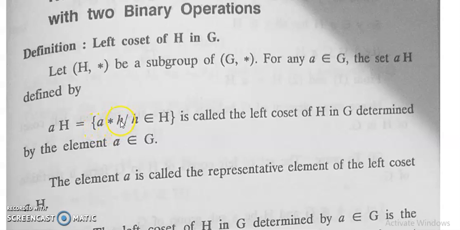What about the small h? Small h should be taken from capital H. So you can fix this a and take h from capital H. The set of all these elements is called the left coset for this particular element a.